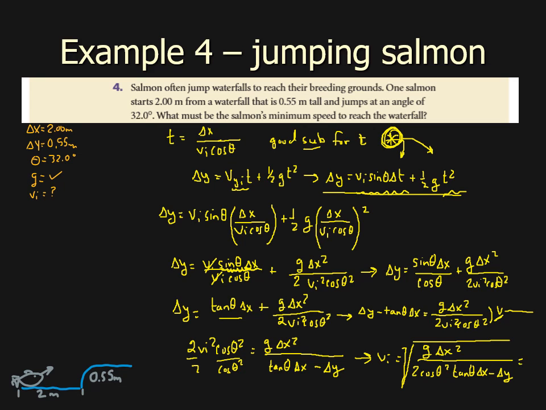If you plug and you chug, you should get 6.2 meters, excuse me, per second. It's an initial velocity. So VI equals 6.2 meters per second. That salmon hits that 6.2 meters per second, it's going to make the waterfall and it's on its way to mate and die. If it doesn't, it'll have to try again, and hopefully it doesn't get so tired.